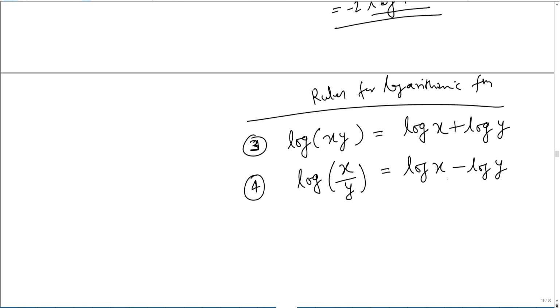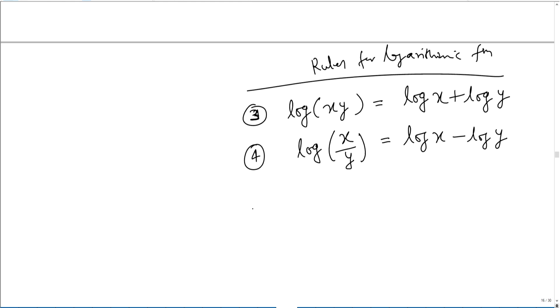So it would be log of x plus log of y to the power minus 1, which would be minus 1 into log y. Also, this you have already seen: if you have log x to the power something, let us say a, this can be rewritten as a log x.